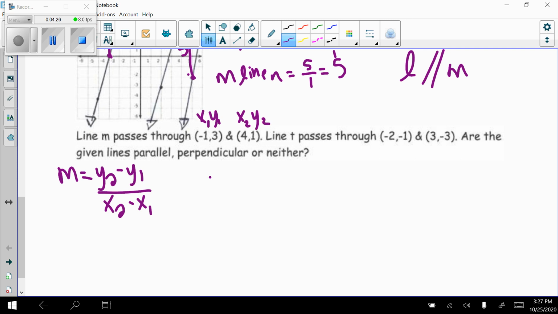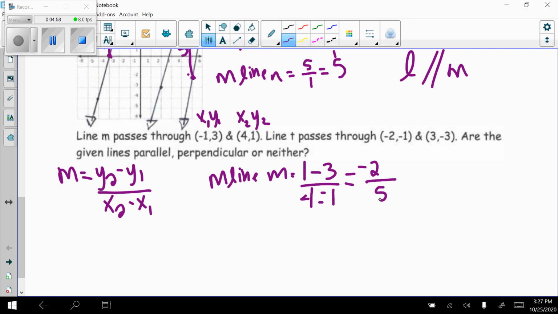So I'm going to first find the slope of line M. So subtract my two y's. So y2 was 1 minus the other y value, 3, over my x's, 4 minus -1. So that's just plugging into the formula for slope. So now we want to work that out. 1 minus 3 is -2. 4 minus the -1 turns to 4 plus 1, which is 5. -2 and 5 don't have anything in common.